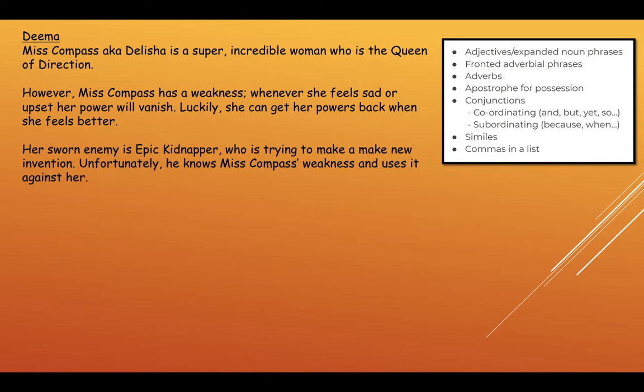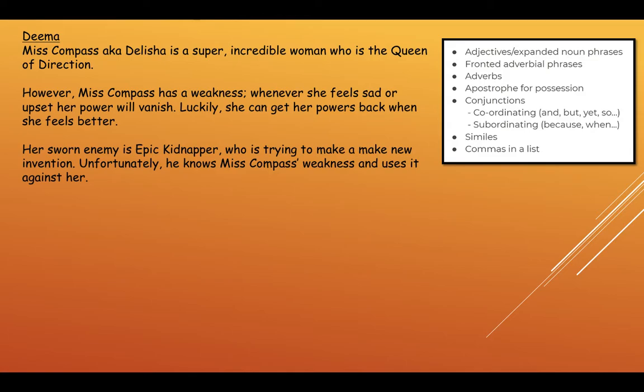You should now be able to recognize expanded noun phrases, adjectives, straightforward fronted adverbials. You know they can go at the front, at the beginning of a sentence, followed by a comma. And adverbs, most people, well, all people I saw do the adverb worksheet were able to select all the adverbs that started with or ended with ly.